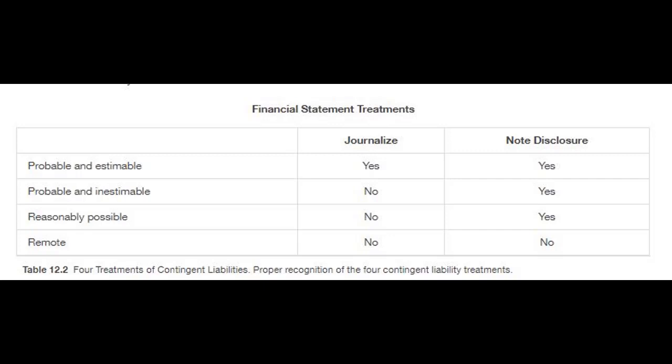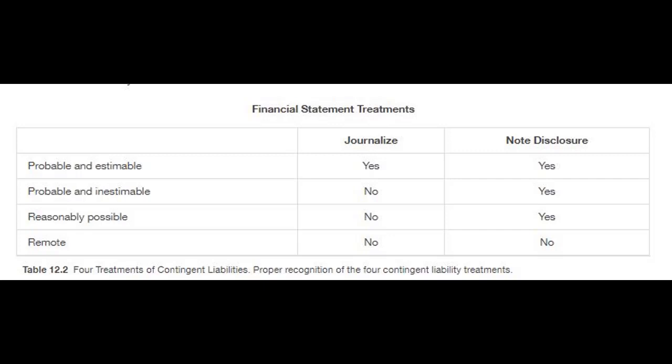However, if it is probable that you will have to pay, even if you cannot estimate the amount, or if it is reasonably possible, although you do not have to journalize or record the liability, it is nevertheless true that you will need to disclose the fact that you are facing a lawsuit in the footnotes to the financial statements.